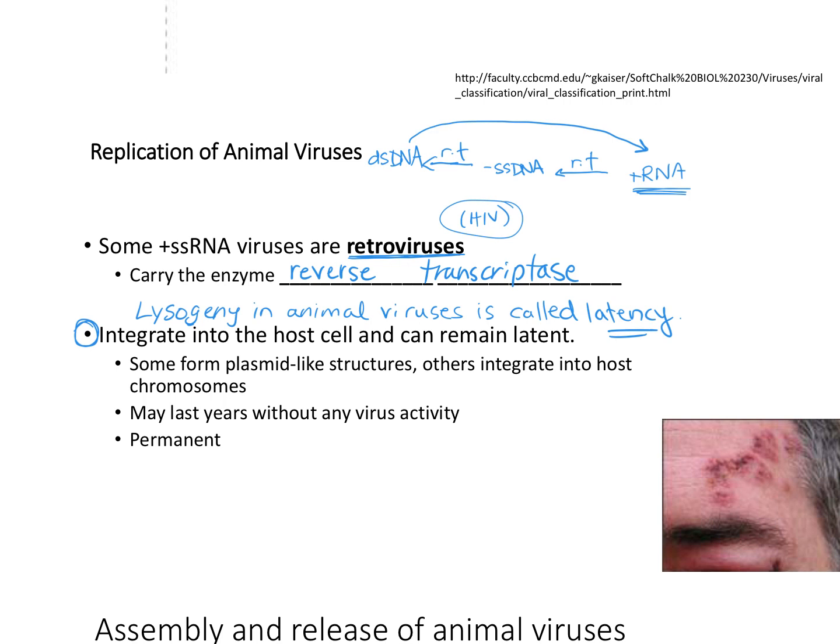And herpes virus actually makes these plasmid-like structures. It doesn't incorporate right into the chromosome, but it makes these little plasmids. And basically every time that host cell is replicated, those plasmids get replicated as well. HIV integrates right into the host chromosome. And these animal viruses can just hide out there for years without any viral activity.